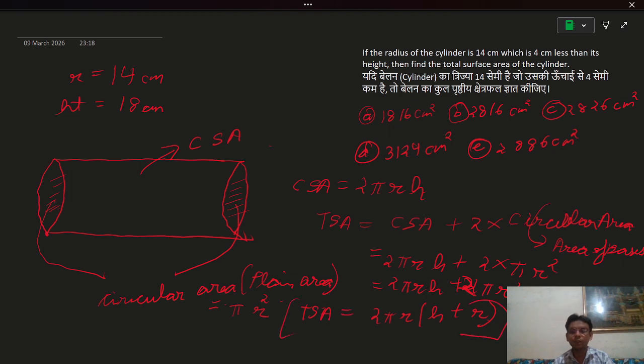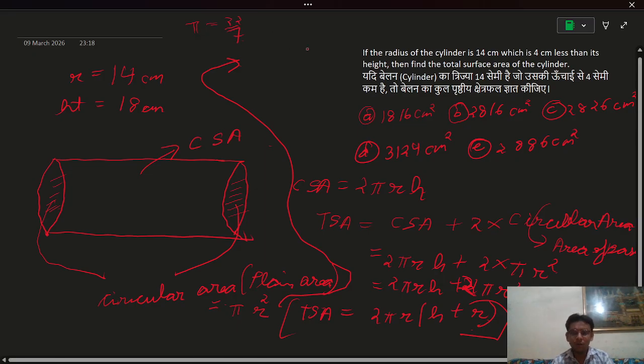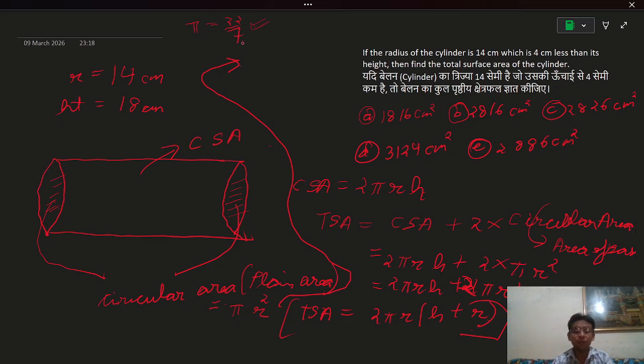Now let's move here. Value of pi is 22 by 7, or it will be given. If it is not given in the question, then we take it as 22 by 7. Okay, so the total surface area will become 2 pi r into r plus h.